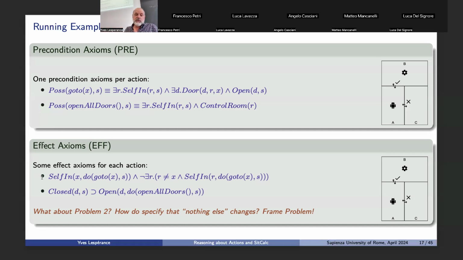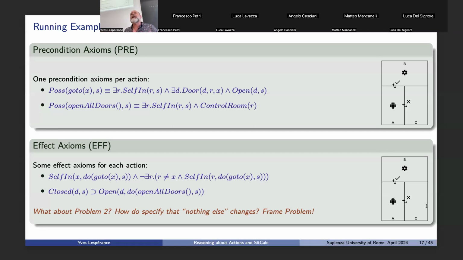Okay, so it could be true, given what we wrote there, that when the agent goes to B, a door appears between B and C. Or it could be that, since I don't say that goto doesn't affect which doors are open, simply by going to B, C opens, or not, it doesn't say.